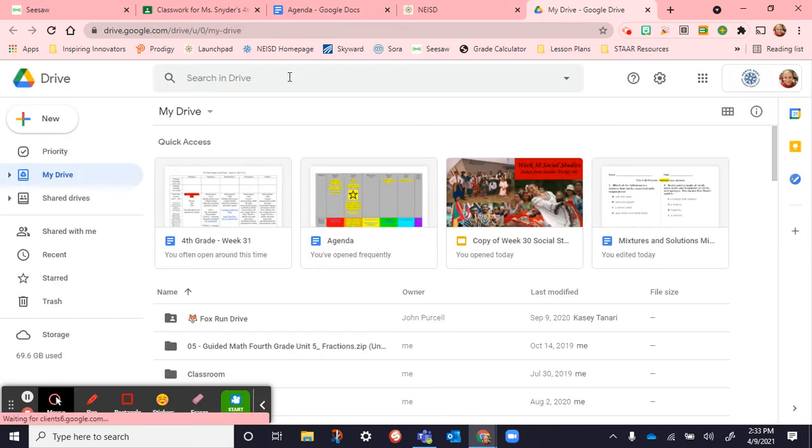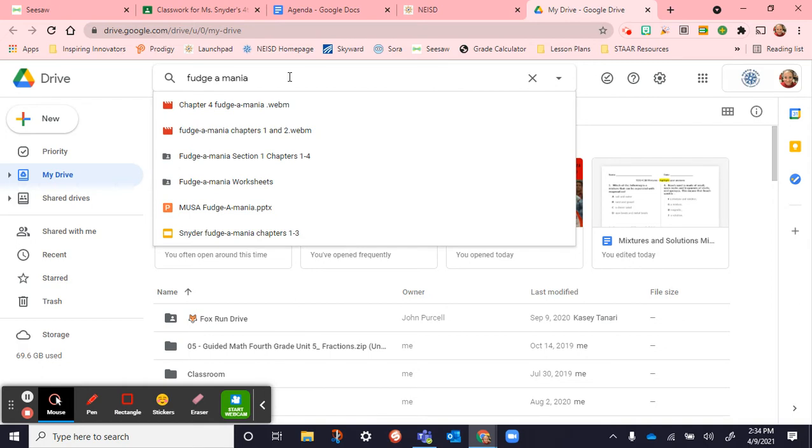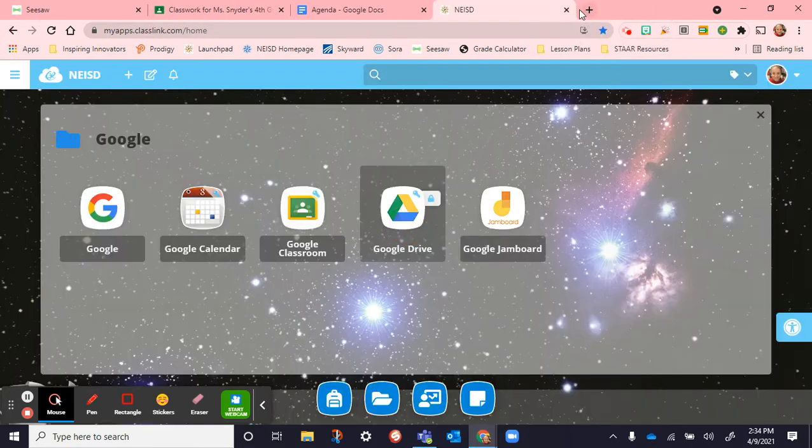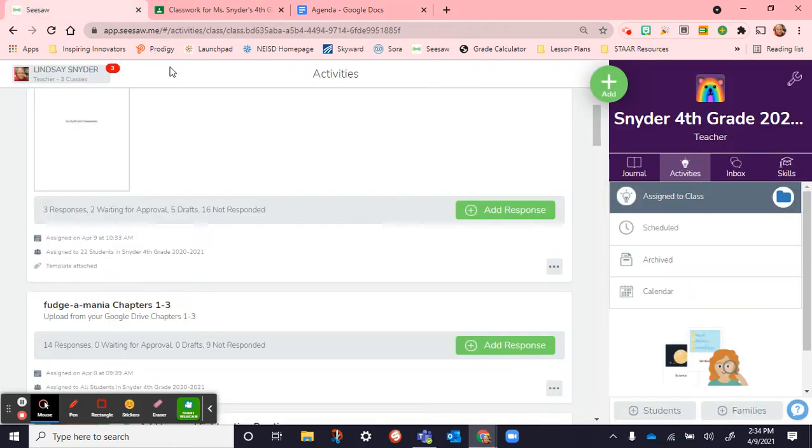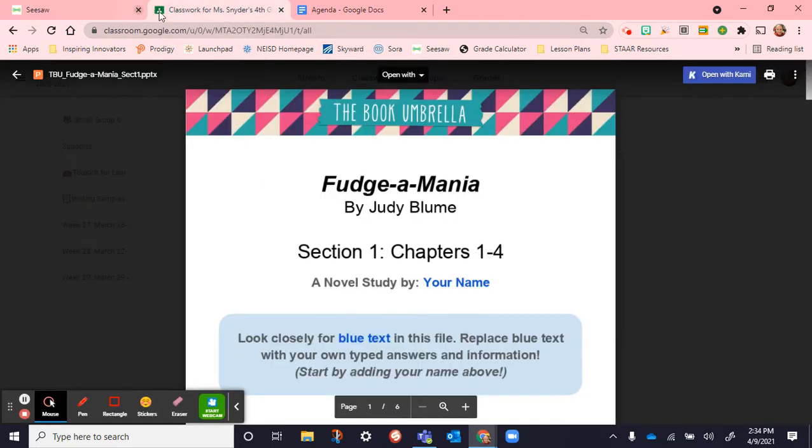So then you just type in here, Fudgemania, and you look for the one, you put your name, and then you can find it that way so that you're not starting over each time you go to your one that you already started. And when you're done with those 4 pages, make sure you turn that in and upload it to Seesaw, please.